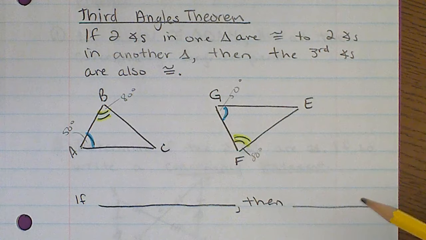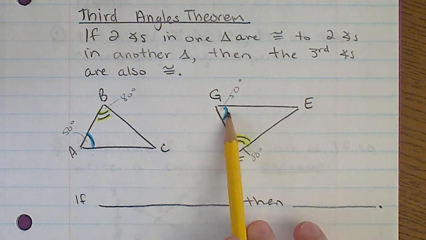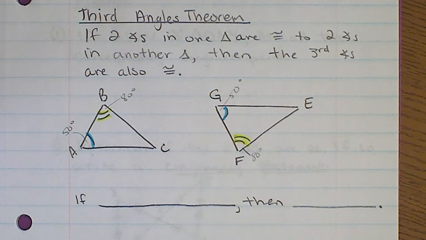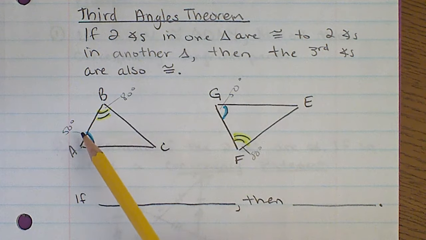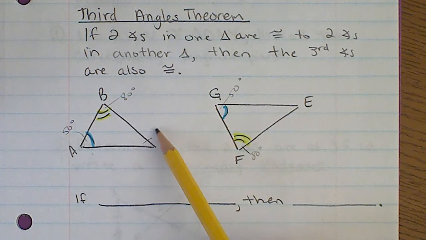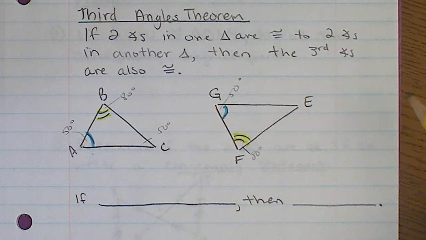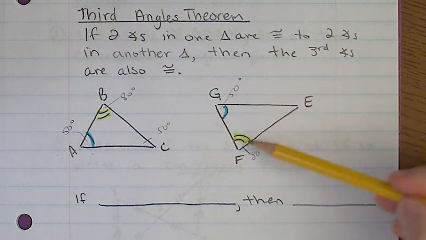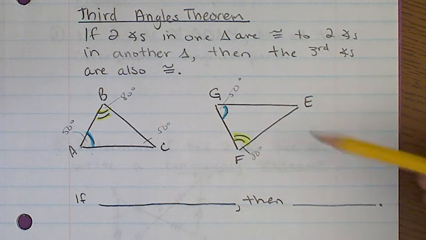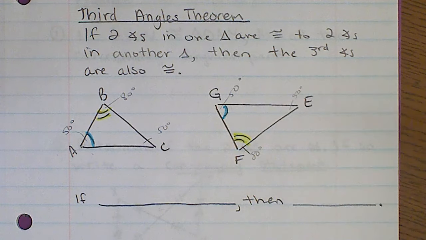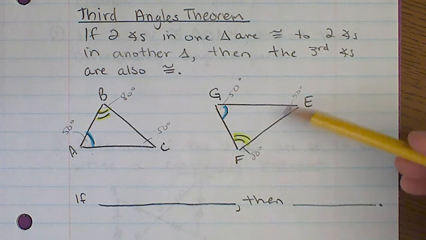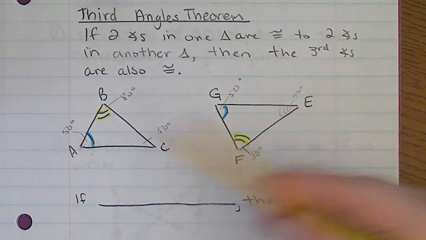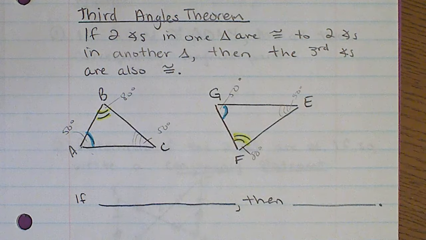And so, if you have 2 sets of angles that are congruent, by default, the third angles have to be congruent, because if I added these up and subtracted them from 180, I would get 50 degrees, right? If I did the same thing over here, I would also get 50 degrees. And so you can see that these angles are congruent, and that will happen every time.